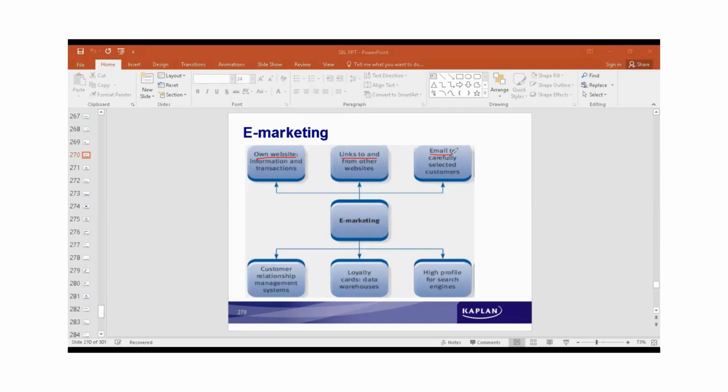Having customer relationship management systems built in, wherein in their system they would have the details about the customers, and therefore they can understand the customized expectations of the customers, cater to them, and provide whatever services.